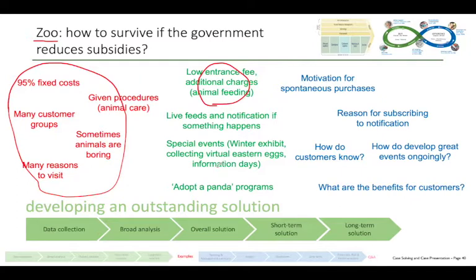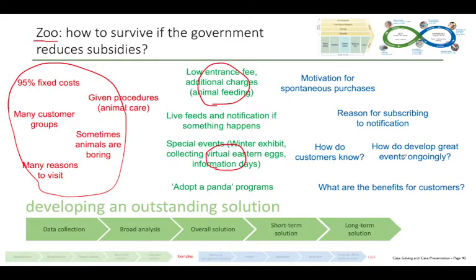Another idea would be special events, like a winter exhibition, Easter eggs, a virtual Easter egg collection, things like that. Then how customers know about that might be the short-term question. In the long term, it might be more that a customer does participate short-term, but maybe only once or twice.